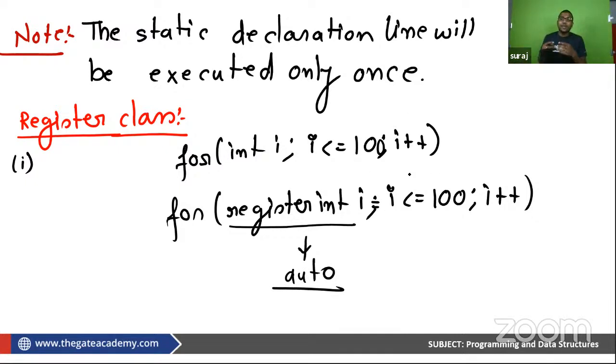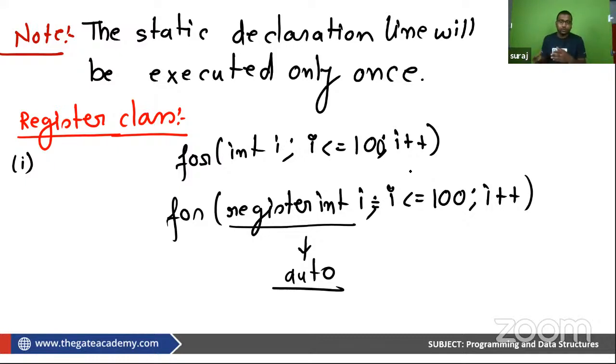Register is important data, and costly. Registers are costly, so they are limited in our system. It depends upon the compiler. If you write register, it's still not guaranteed that it will be stored in a register. I have told you that for register variables, we can't get the address.